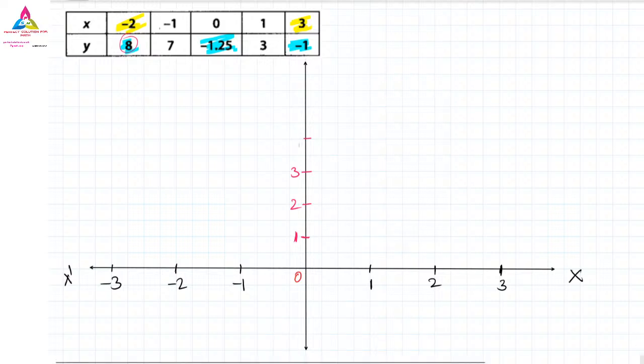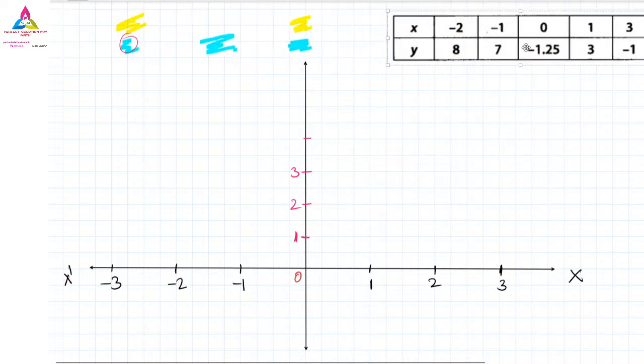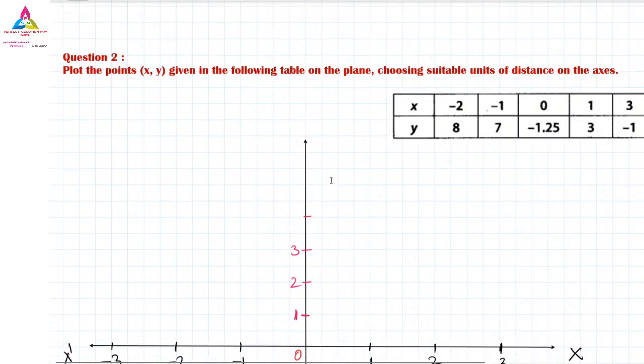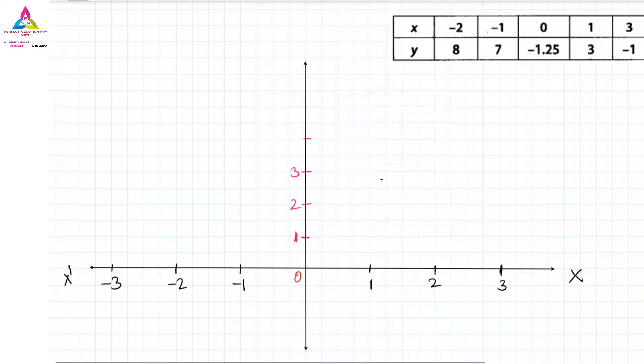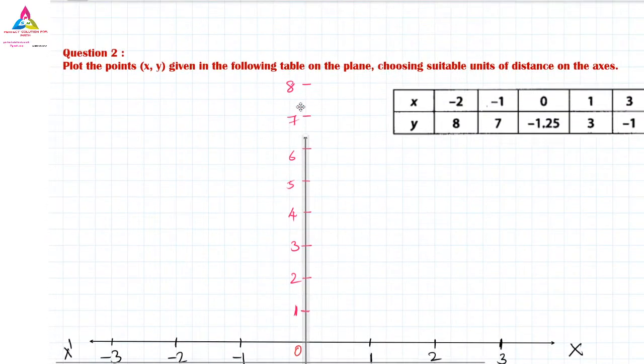We must have 4 again. So one thing I will do, I will take this one on this side. We will see how much it is possible. 4, 5, 6, 7, and 8. It will come over here. 8. I will extend this till here.